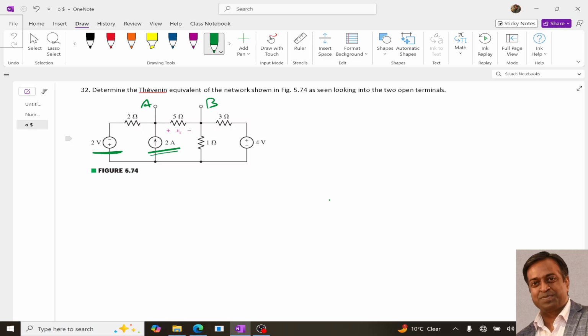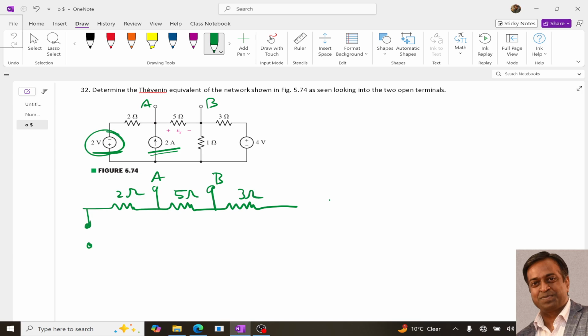So let me redraw this circuit. If I redraw this particular circuit, it will be like this. A, B, it is 5 ohm, it is 2 ohm, it is 3 ohm. This voltage source will be deactivated, meaning I replace it with a short circuit.